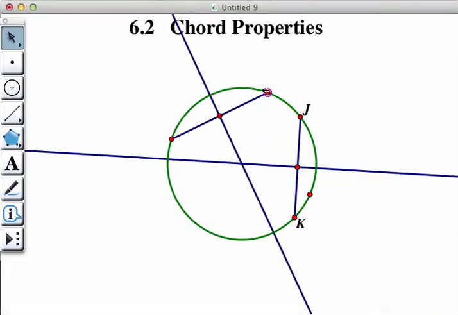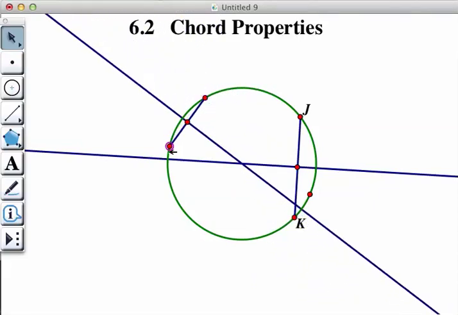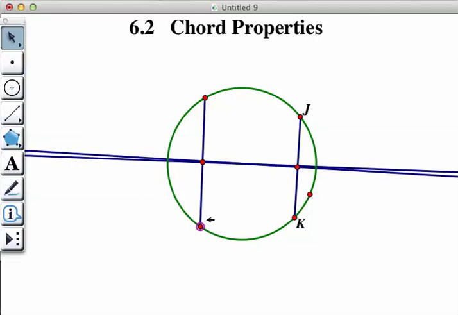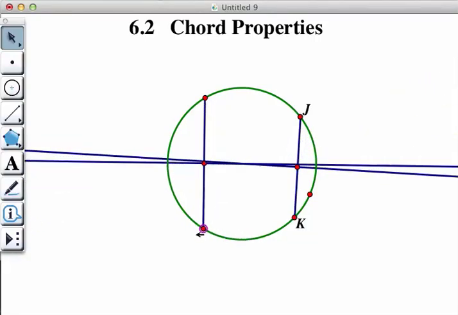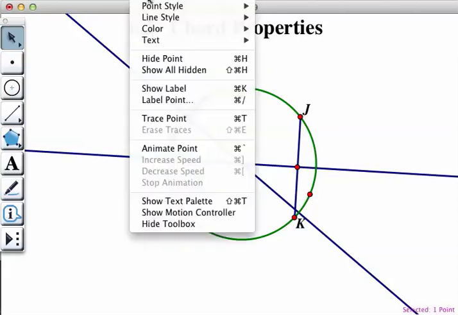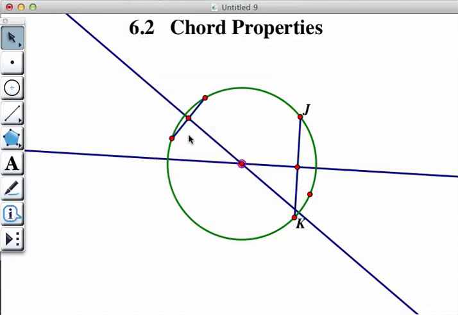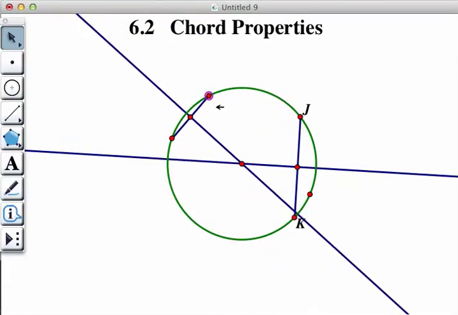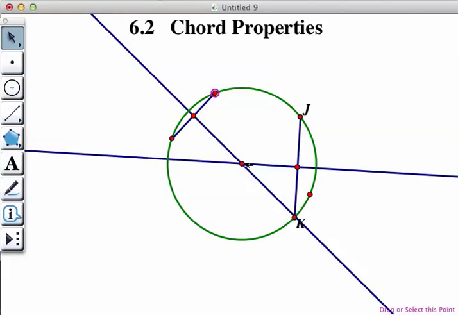If I make it bigger or change its location, the perpendicular bisector always intersects the other perpendicular bisector at the same point. So let's put that center back out there. Look at that. Always passes through. So if I don't know where the center of a circle is, I can make two chords on the circle, find the perpendicular bisector, and it's going to pass right through the center.